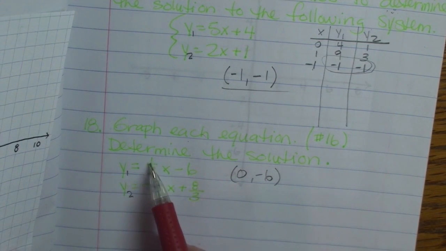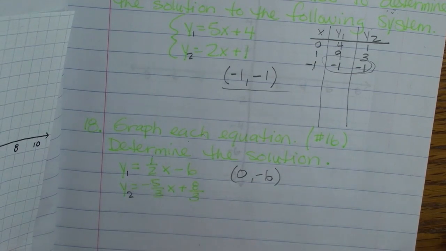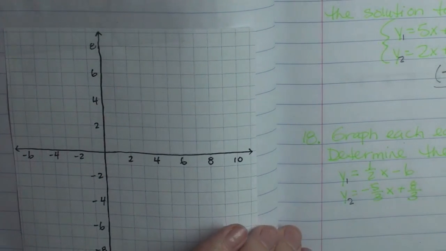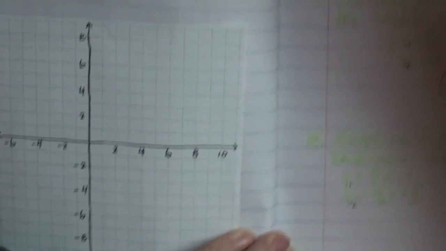And then I'm going to move a rise of 1 and a run of 2. I have my graph on the other page, so it's a little bit tricky here. Okay, maybe I need to zoom out. Make a little minor adjustment here.